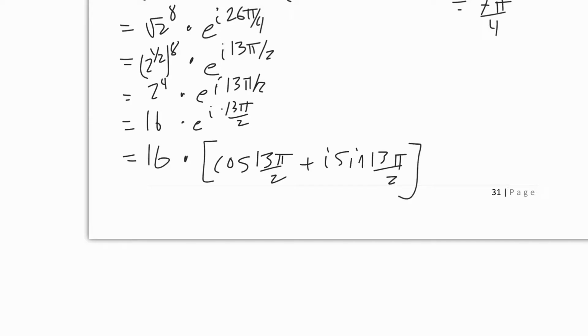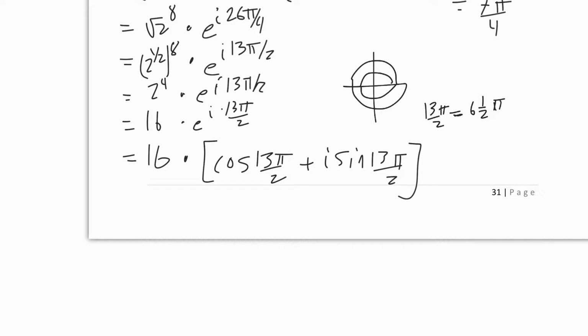Well, it looks like we need the skill of finding a coterminal angle from pre-cal. 13 pi over 2, we can imagine that on a circle. So this is 1 pi, and then 2 pi, and then 3 pi, and then 4 pi. Well, we should maybe think about how much is 13 pi over 2. Well, 2 goes into 13 6 times, so it's 6 and 1/2 pi's, if we write it as a mixed number.